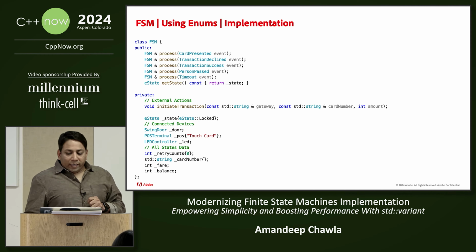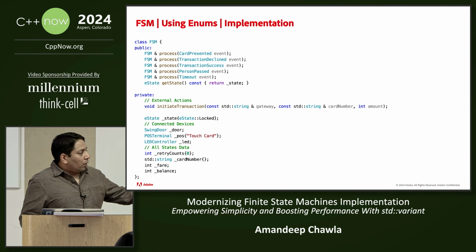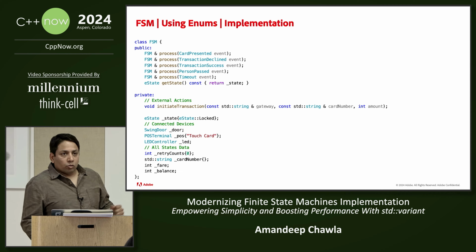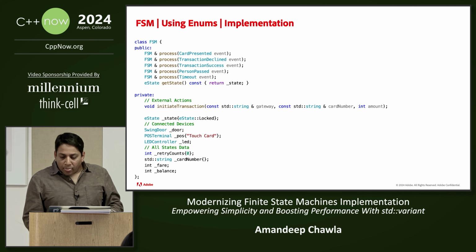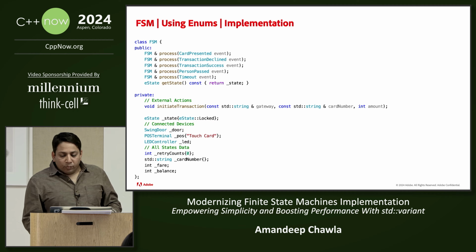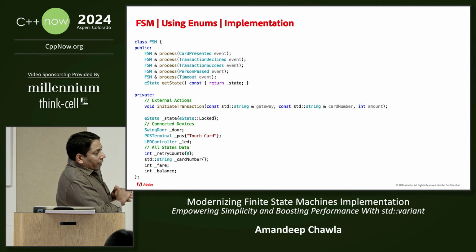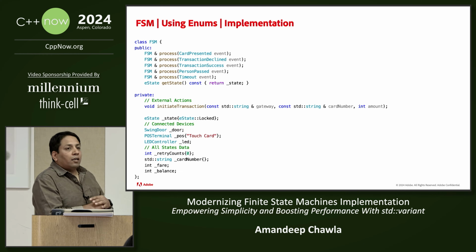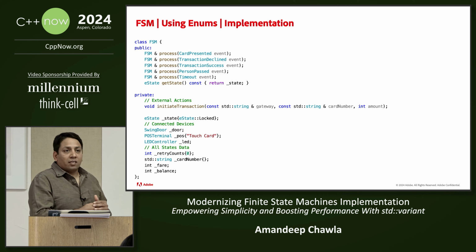The model includes an interface with 3 external devices: swing door, POS terminal, and LED controller. Those are the three devices which we will also be controlling through our finite state machine. This model has to behave like, if you see the states data, read-write rows are only specific to when I'm in the payment processing state.